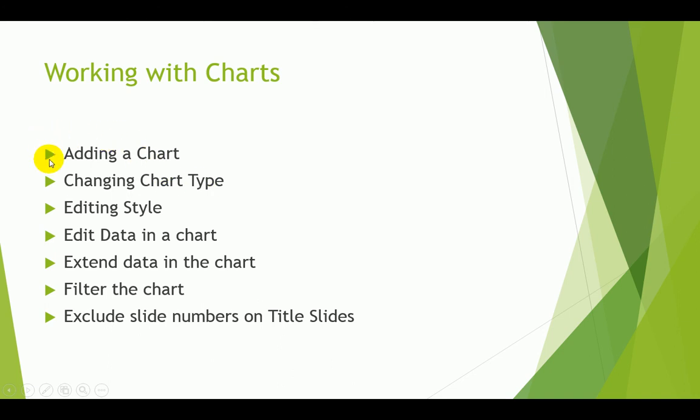In this lesson, we did learn how to add a chart. We showed you how to change the chart type. We changed from a column chart to a bar chart. We modified the style as well as the colors that were used. We edited the data.